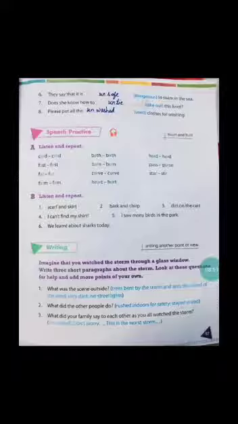Dirt on the cart. 4. I can't find my shirt. 5. I saw many birds in the park. 6. We learnt about sharks today.